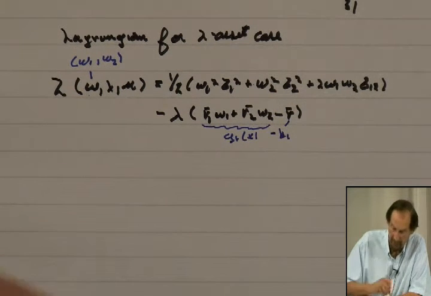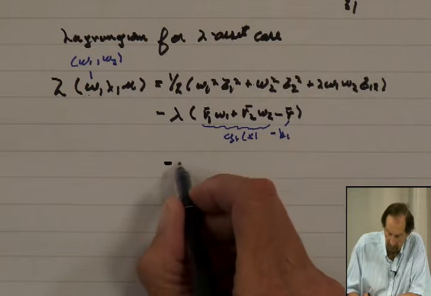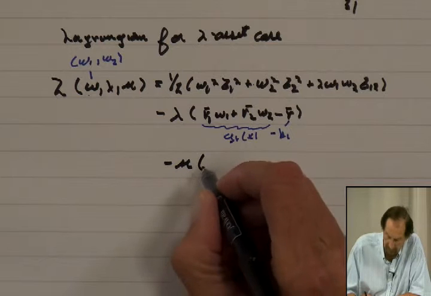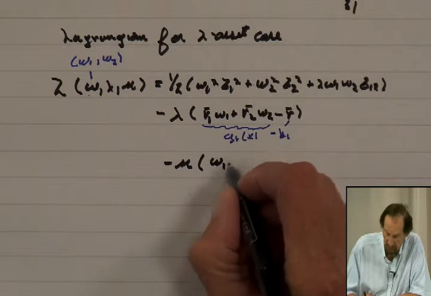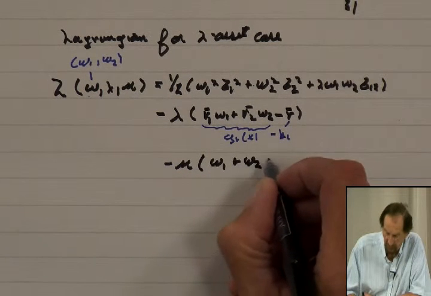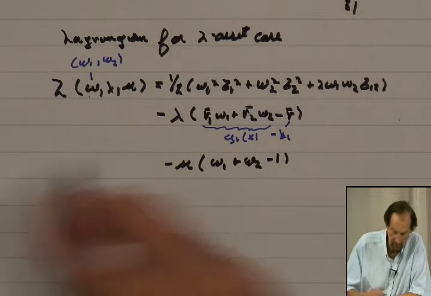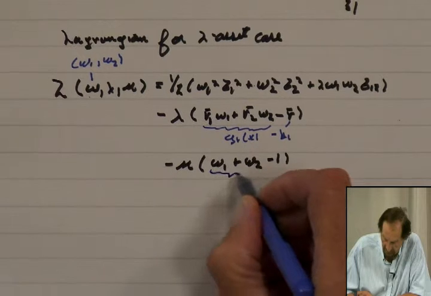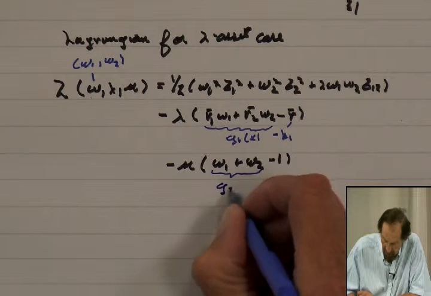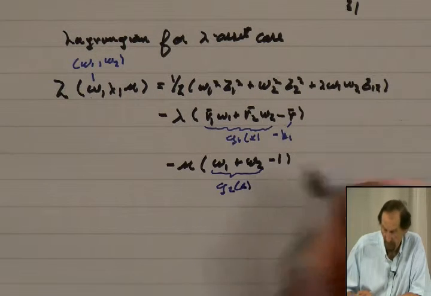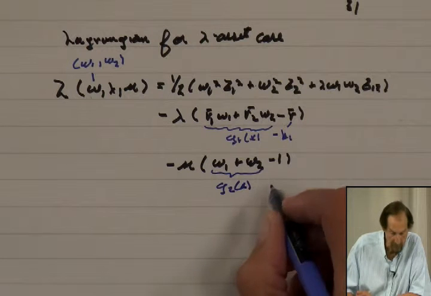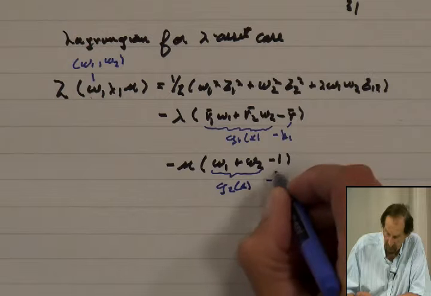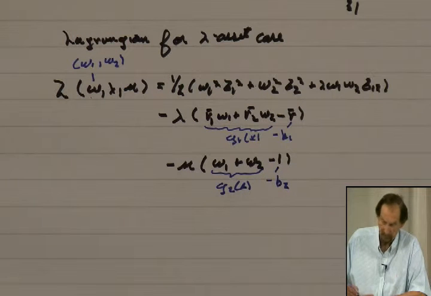And we also have minus mu, the second Lagrange multiplier, times the second constraint, W1 plus W2 minus 1. And here we have our G2 of X, if you like, where X is W, and this is minus B2. The 1 is B2.